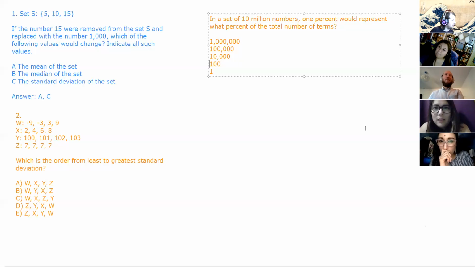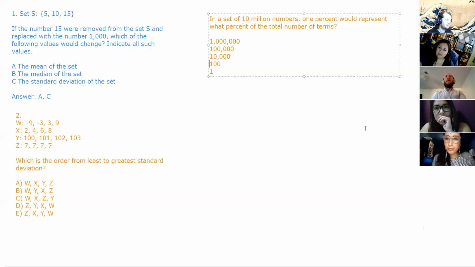I'm just checking it on Vanessa's answer. I think it's 1%, the question? 100,000. I googled it. 1 percentile would represent what percent of the total number of terms? Well, what is a term?